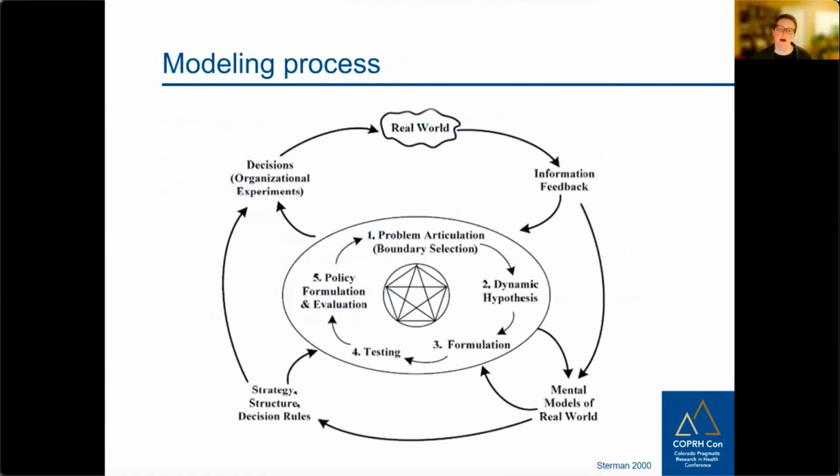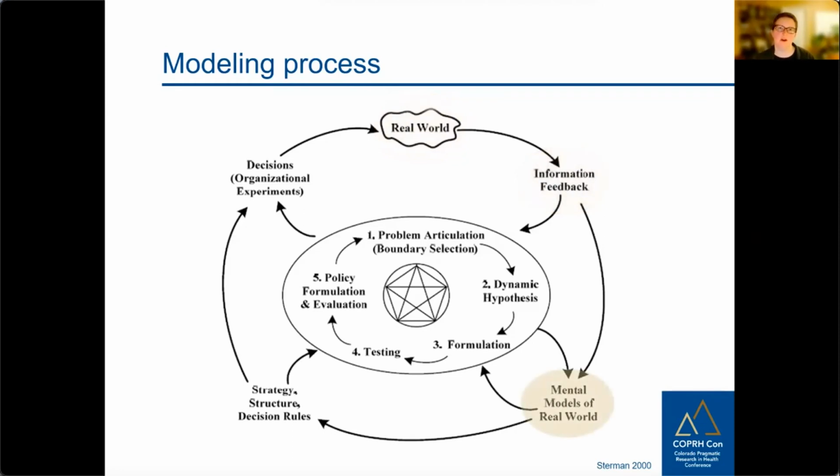I think the way models are developed and used in system dynamics can be instructive for how we might want to think about using conceptual models or frameworks in pragmatic research. So I'm going to run through the standard modeling process from Sterman really briefly. The modeling process starts with a recognition that there is a real world out there with its own complex dynamics. We get information about that world, and then we form mental models about how things work.